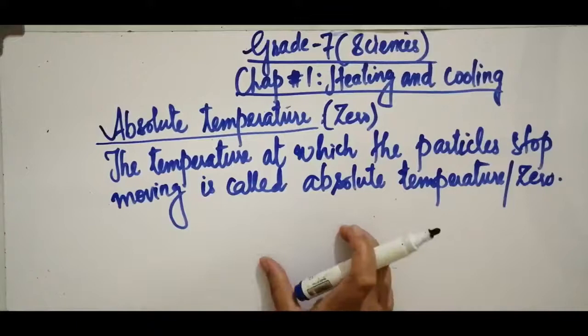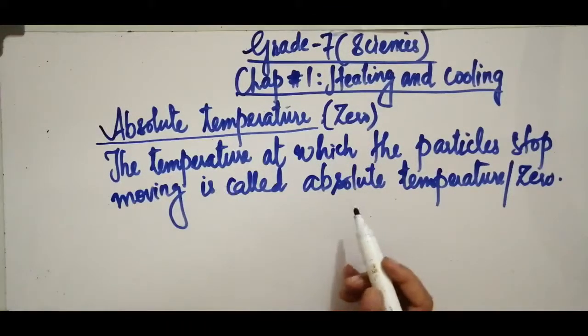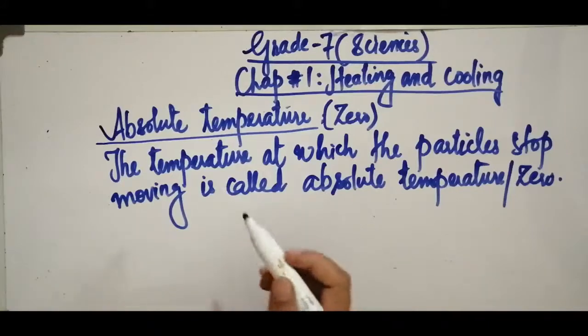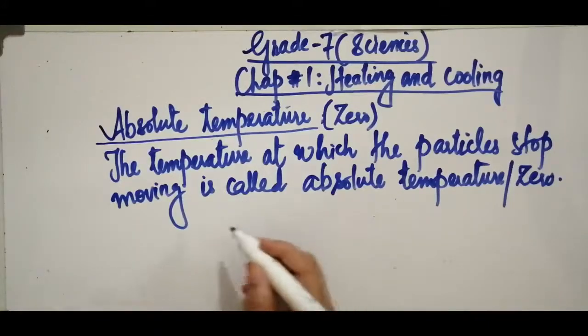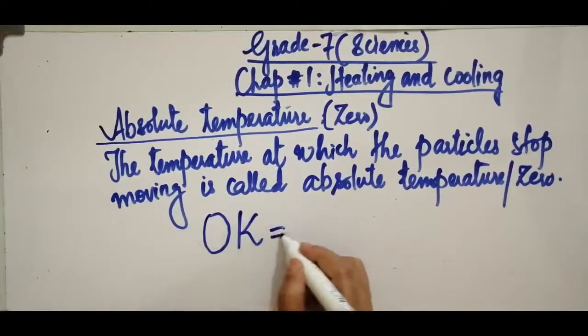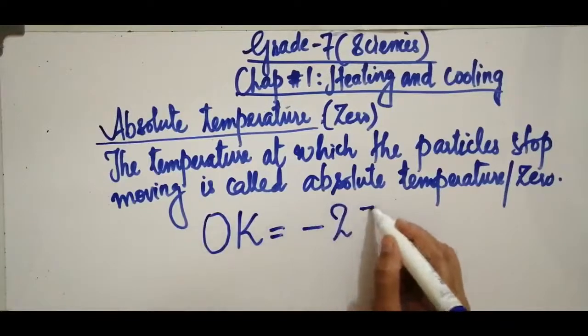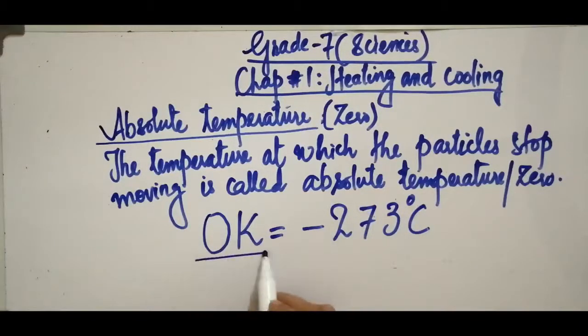This is the basic reason why we call it zero, because it hasn't got any heat energy. In scientific instruments and thermometers, we find that 0 Kelvin is equal to minus 273 degrees Celsius. So this is another scale of measuring temperature, called Kelvin.